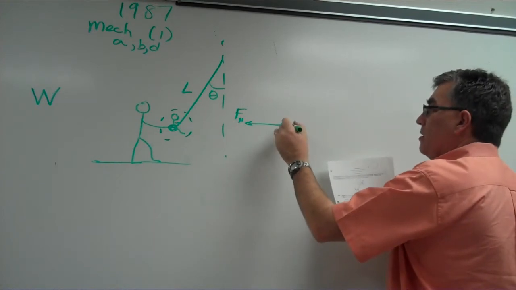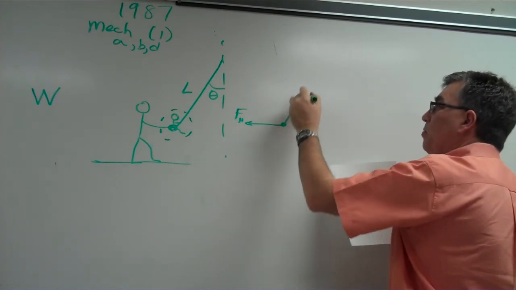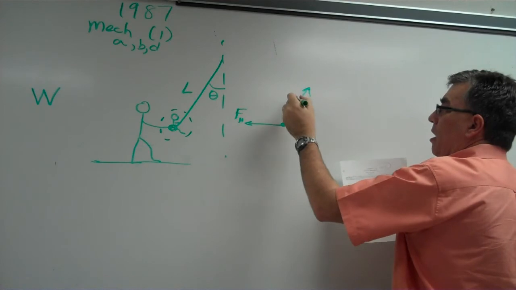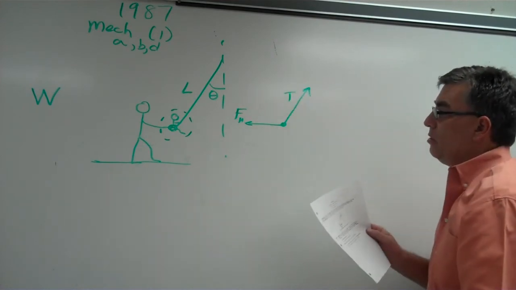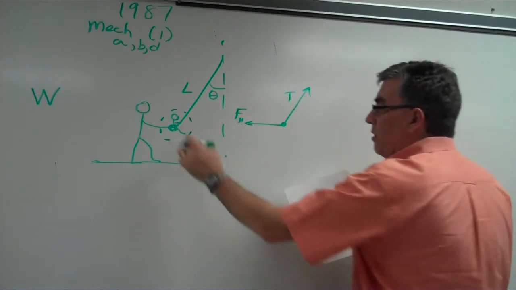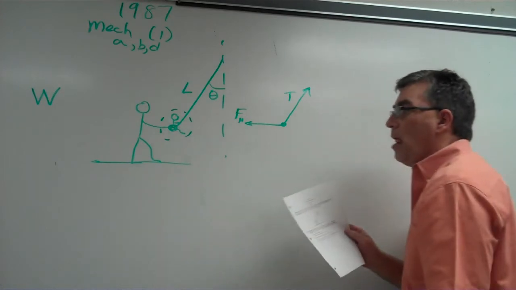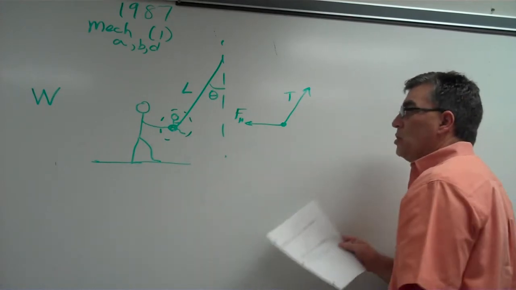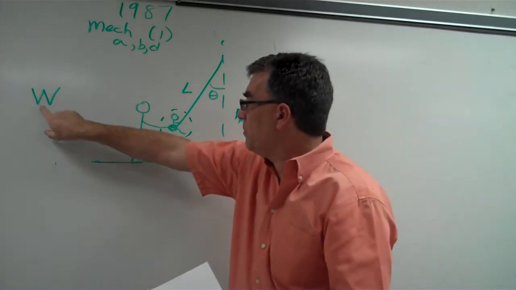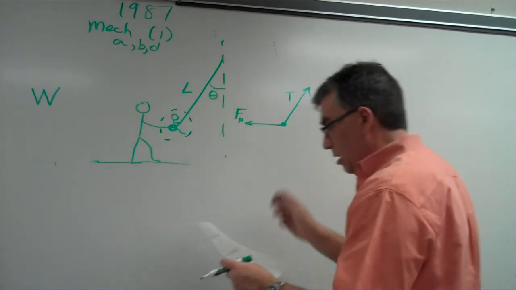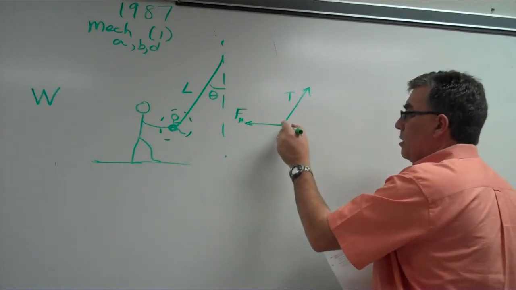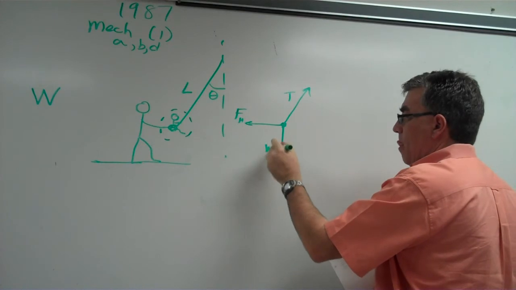And then I've got this force right here, the string pulling up at an angle, and I'll call this the tension in the rope. And then I've got the force of gravity on the kid, and I could call that mg, but they want everything in terms of W, the weight of the kid. So I'm going to call this W right there.